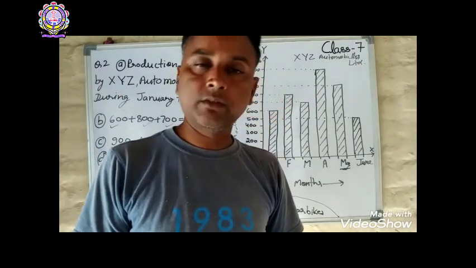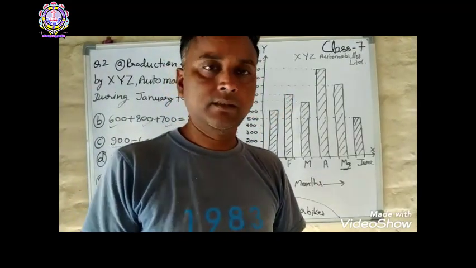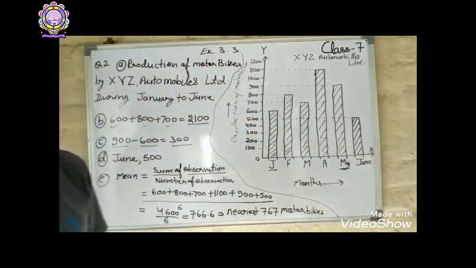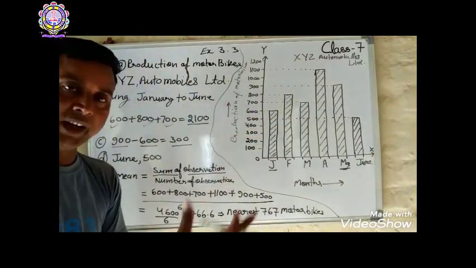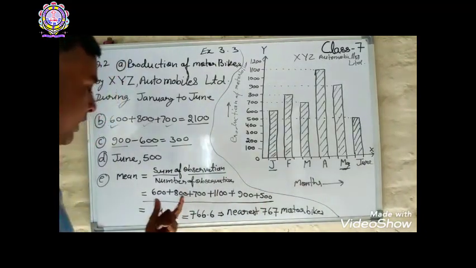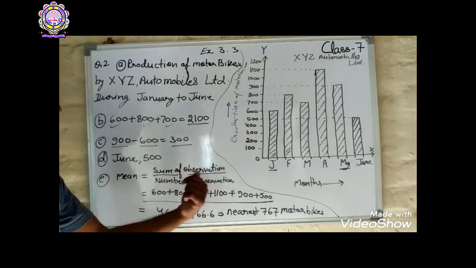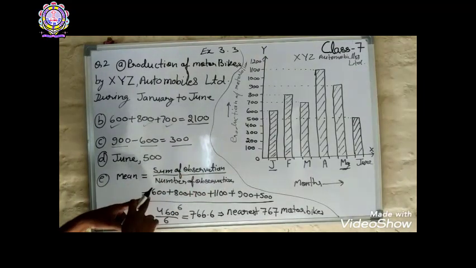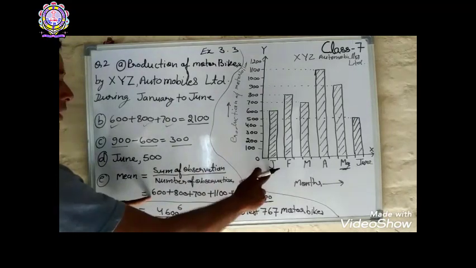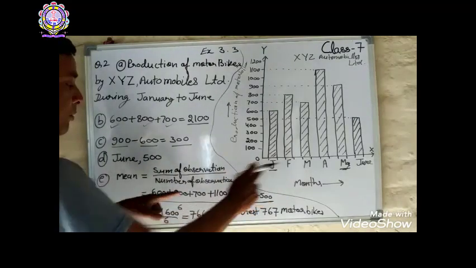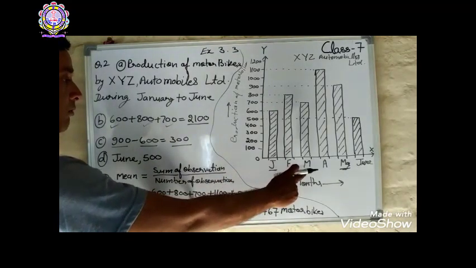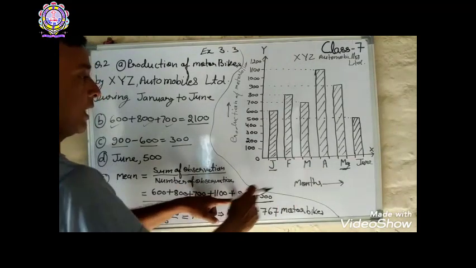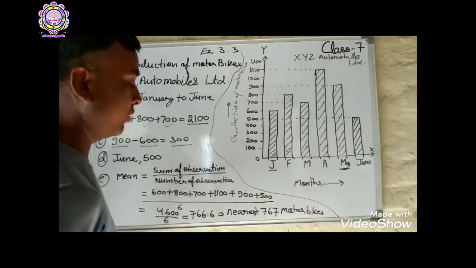Calculate the average or mean production of motorbikes in 6 months. You already learned how to find the mean. I have also given it here. Mean is equal to the sum of observations upon the number of observations. So the sum of observations: 600 January, 800 February, 700 March, 1100 April, 900 May, and 500 June.